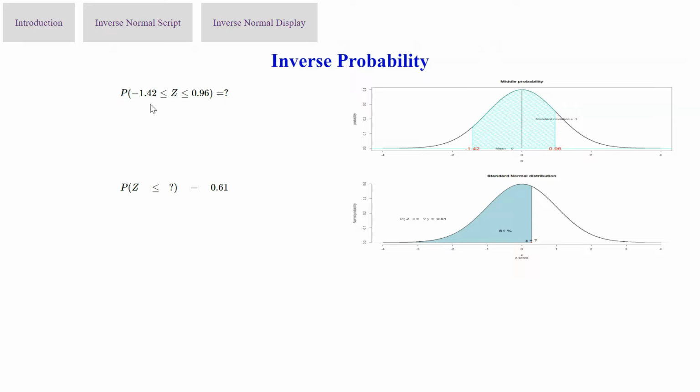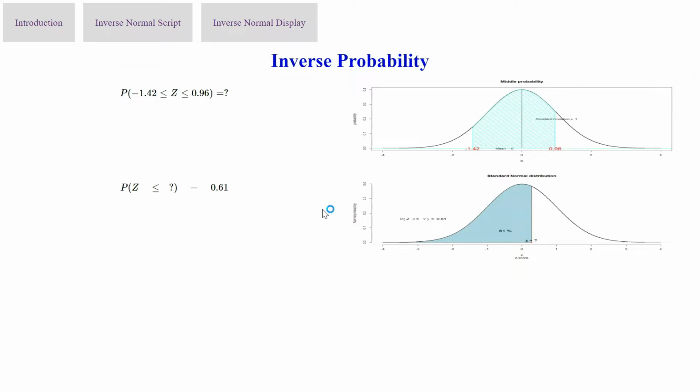Probability of Z lying between negative 1.42 to 0.96 is this area. The probability is 0.7537. That is 75% of the area lies within the interval from negative 1.42 to 0.96.